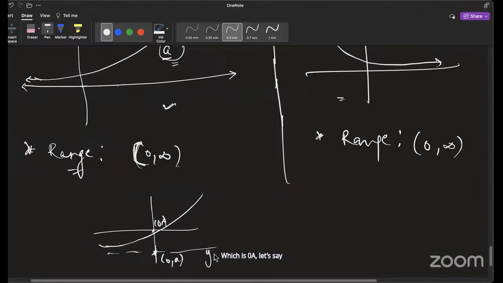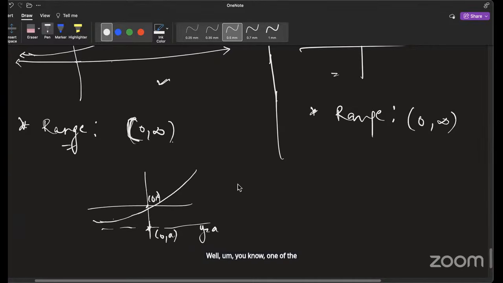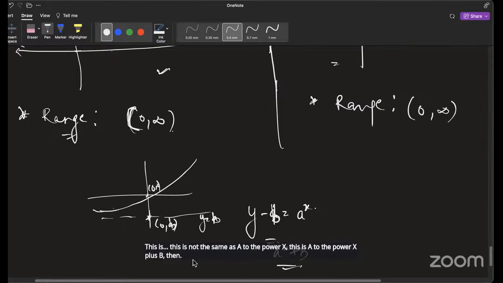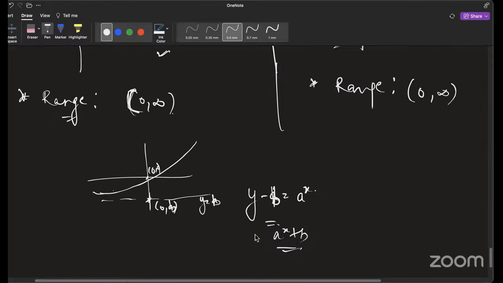Then this equation will look like y minus b equals a to the power x. This is not the same as a to the power x. This is a different graph. Then obviously the range and all of it is going to change.